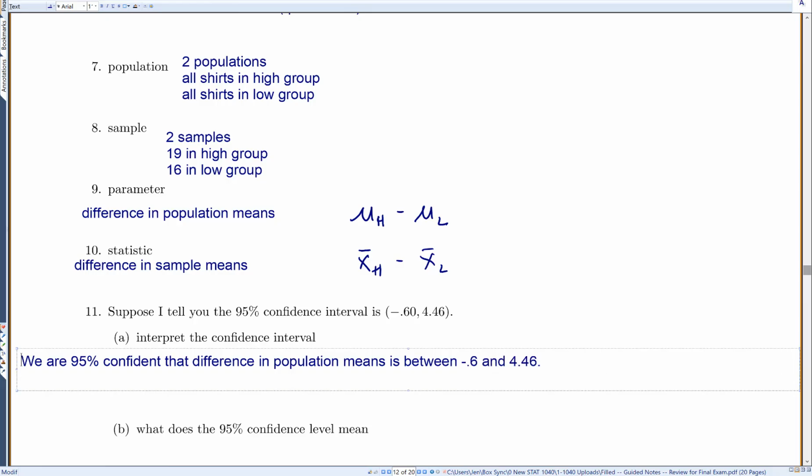Or I could say, we are 95% confident that on average, the high group is 0.6 less to 4.46 more white than the low group.